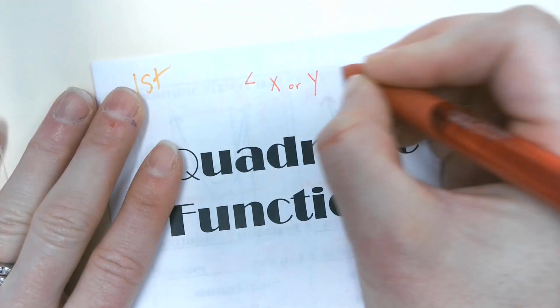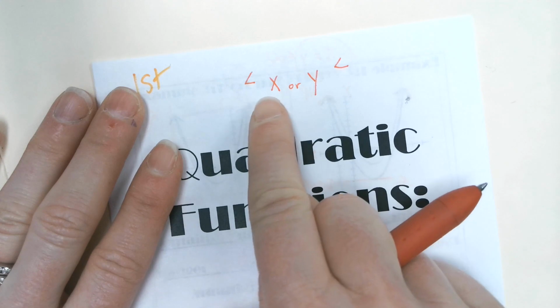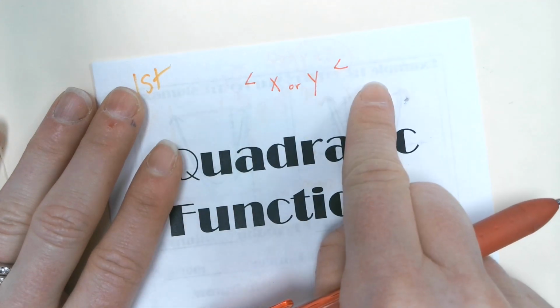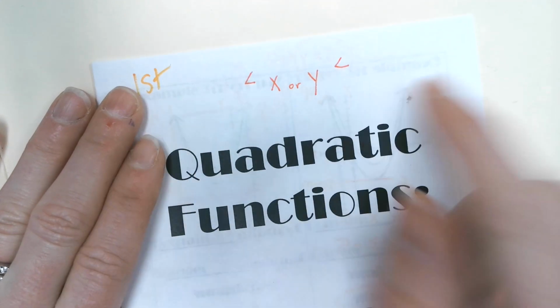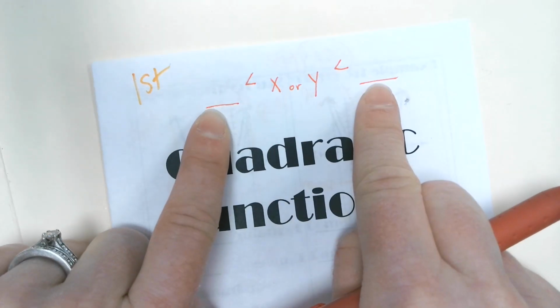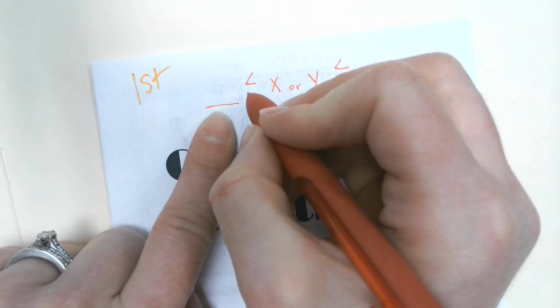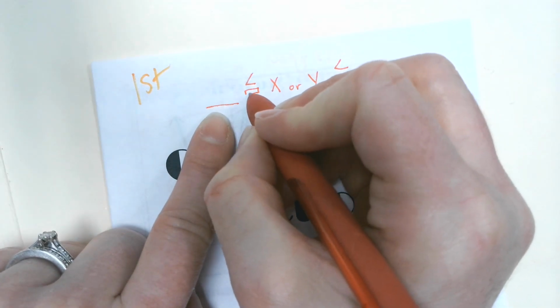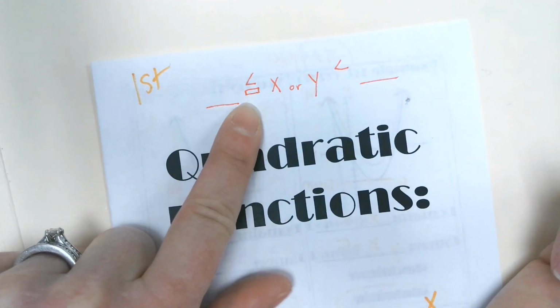And whenever you do your lowest to highest, smallest to largest, you can write it like this. So the x or y is sandwiched in the middle. And then if it's a closed circle, you have the or equal to.